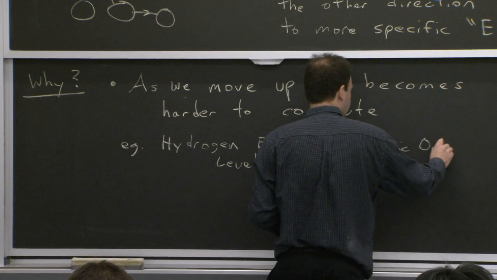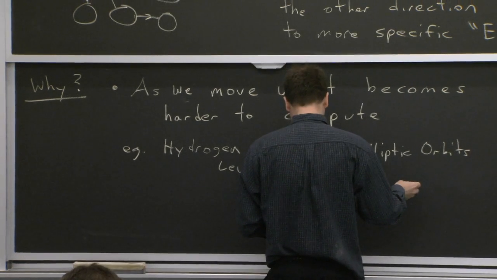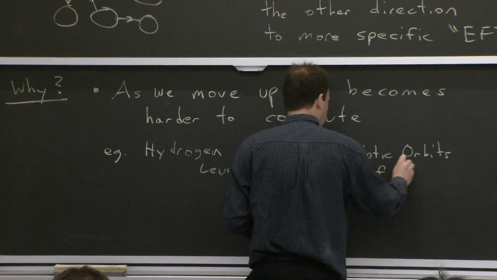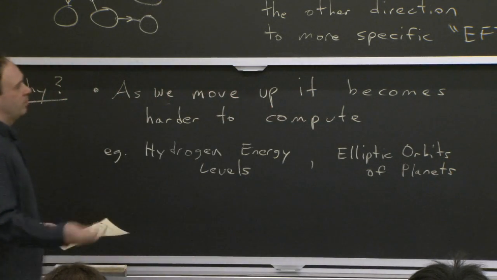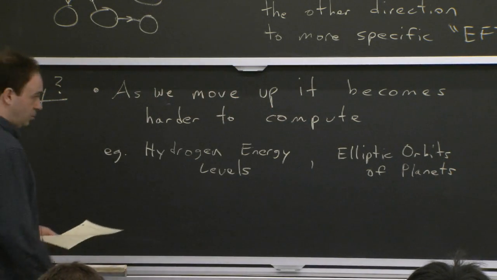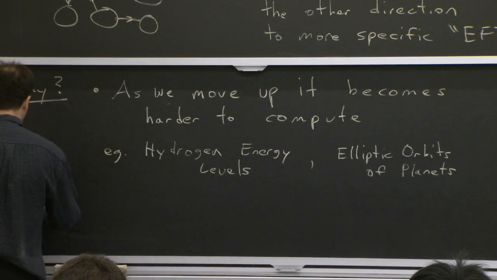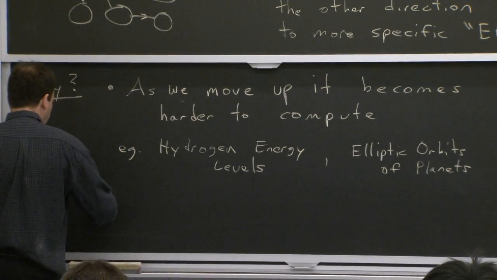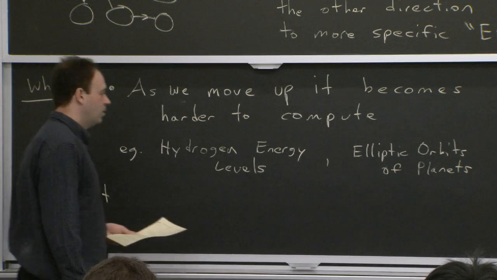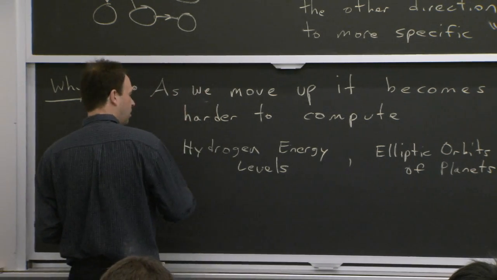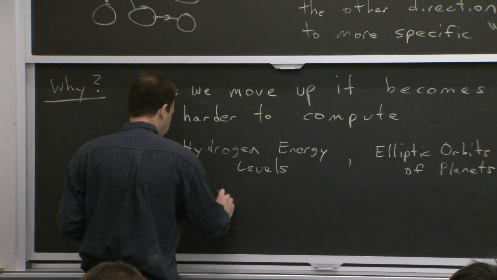Another is the elliptic orbits of the planets, which are easier in Newtonian gravity than in general relativity. And these are just two examples. There's many more where one of these blobs may be too general for actually tackling the problem that you want to deal with. And by focusing in, which is what effective field theory allows you to do, you can get more ability to compute more accurately and in a simpler fashion.